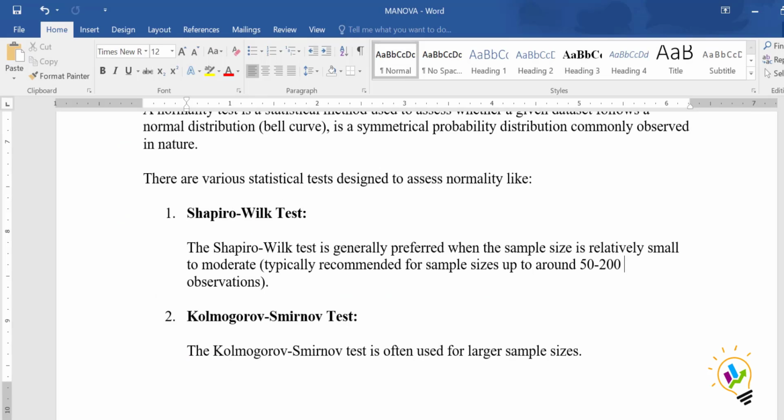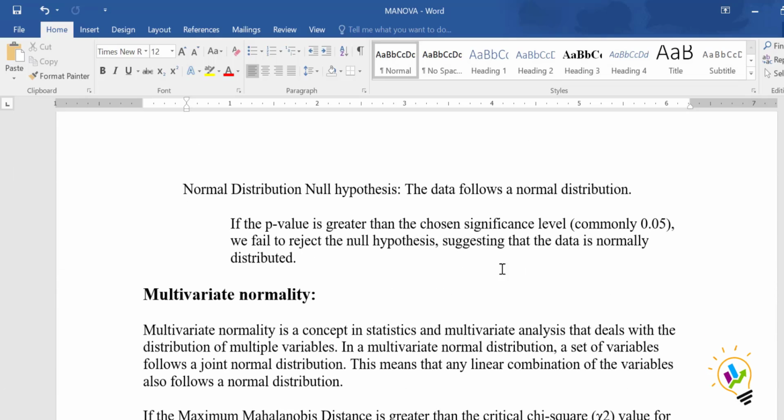For that purpose, first we must see the null hypothesis. The null hypothesis specifies the data follows a normal distribution. If the p-value is greater than 0.05, we will fail to reject the null hypothesis, suggesting that the data is normally distributed.